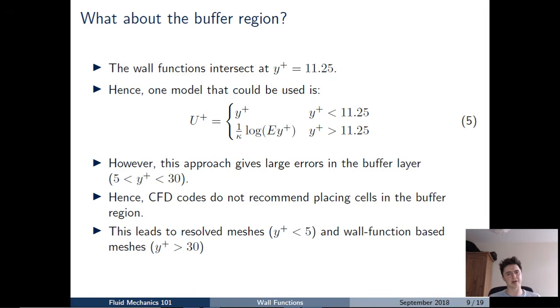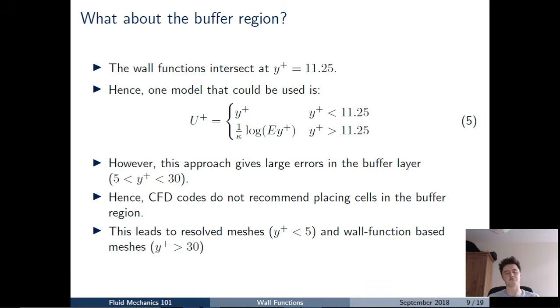So what about that buffer region in the middle between y plus of 5 and y plus of 30? At the moment we saw that those blue and green curves don't actually give a good fit to the observed behavior in that region. So how are we going to model the buffer region? The most obvious approach is to notice that the blue curve and the green curve intersect at a y plus of 11.25.